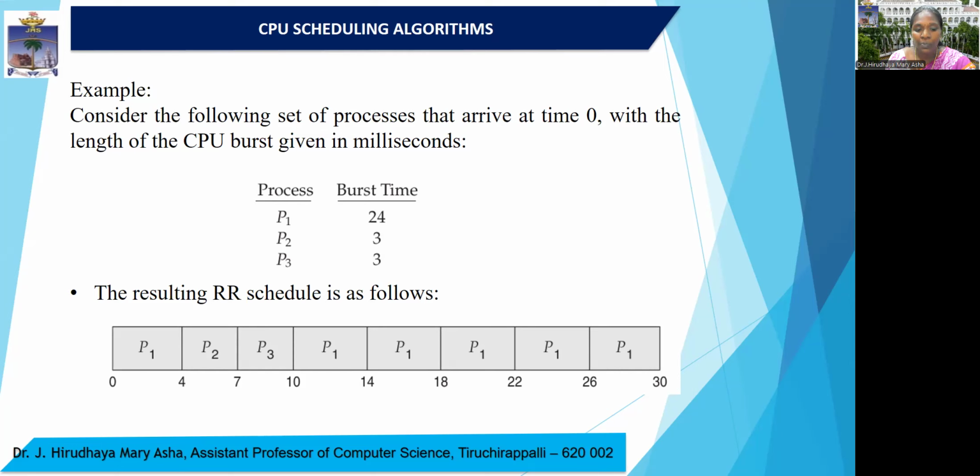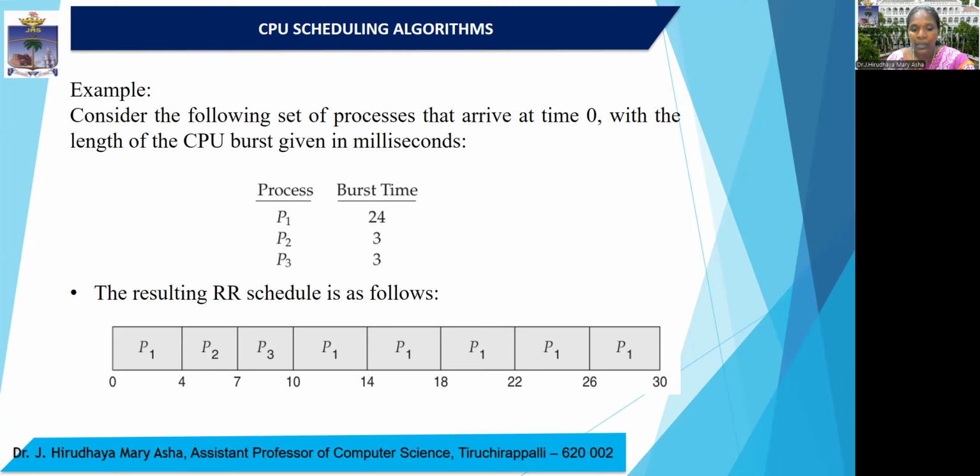P1 releases the CPU voluntarily on reaching the 4th millisecond and transfers it to P2. Now P2 requires only 3 milliseconds. Actually, the time quantum is allocated as 4 milliseconds, but P2 voluntarily releases the CPU at the 7th millisecond after completing its execution.